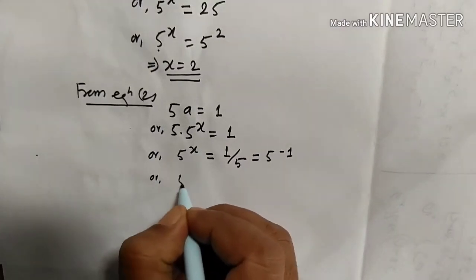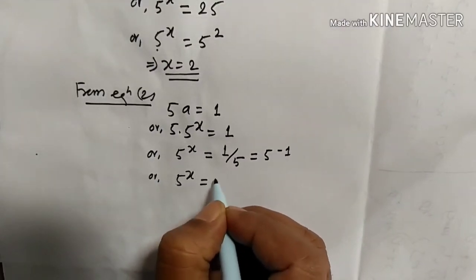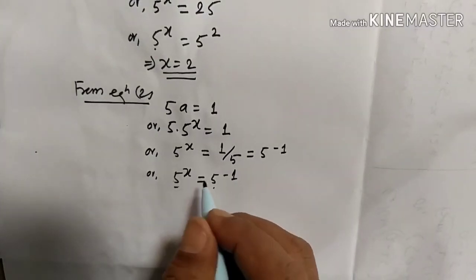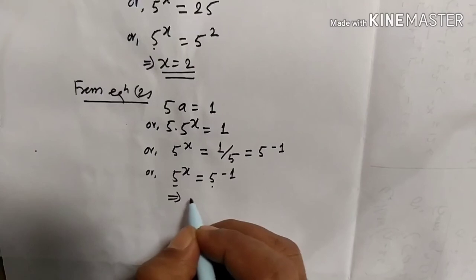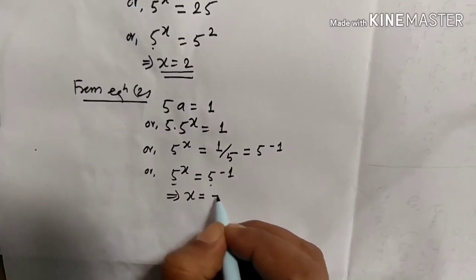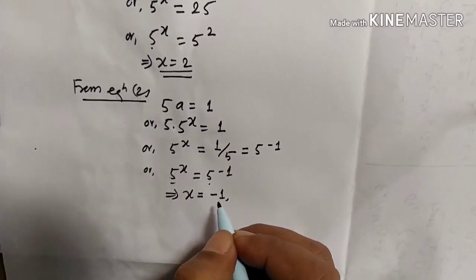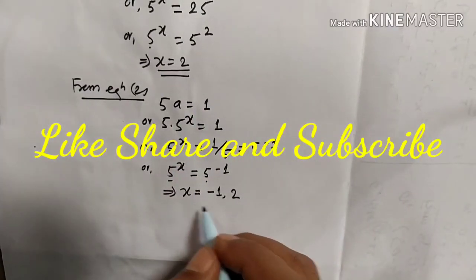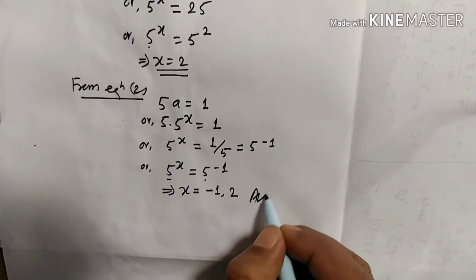This can be written as 5 to the power x is equal to 5 to the power minus 1. This 5 and this 5 are base, so this implies that x is equal to minus 1, and already we have obtained x is equal to 2, so x is equal to minus 1 and 2 are the answers.